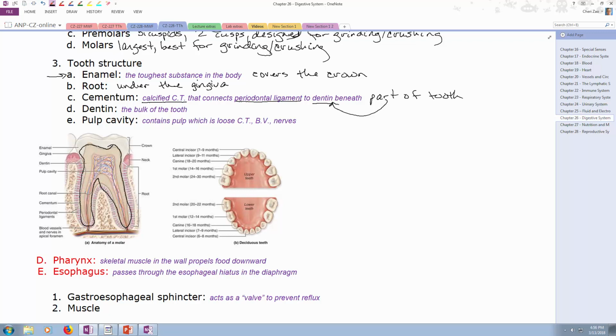Inside, we have an area called the pulp cavity, and pulp is loose connective tissue, blood vessels, and nerves. And we have this nice little area at the base of the pulp cavity where we have an opening where the roots and blood vessels or nerves will actually go in there and feed the tooth. And so we all know, indeed, that the tooth is alive because it can hurt whenever there's a problem with it.